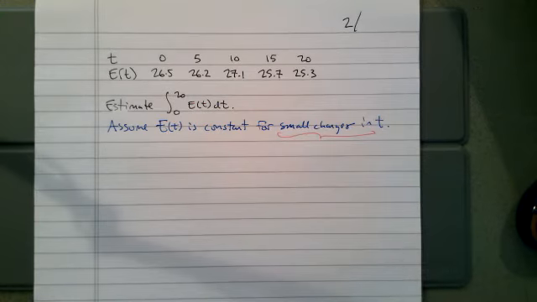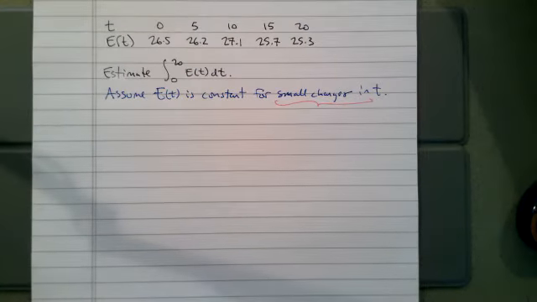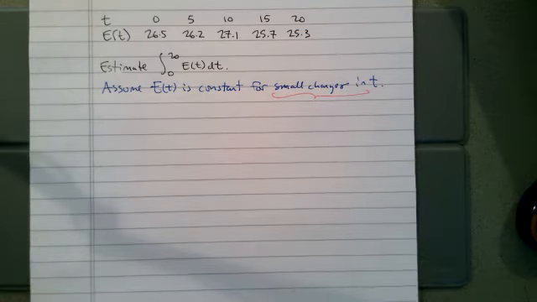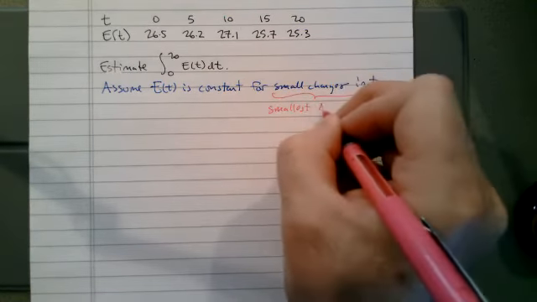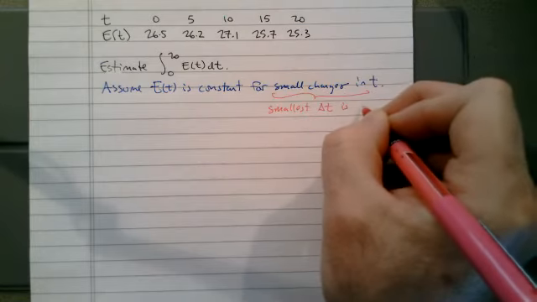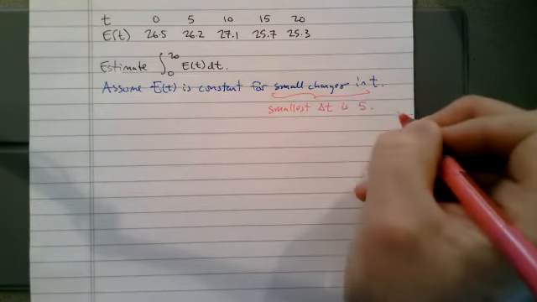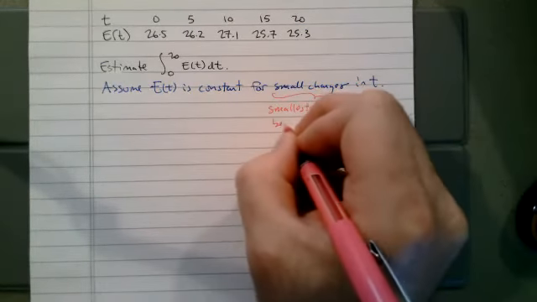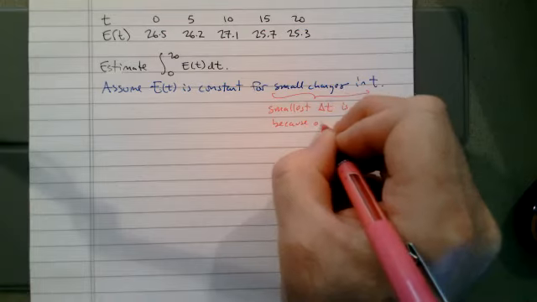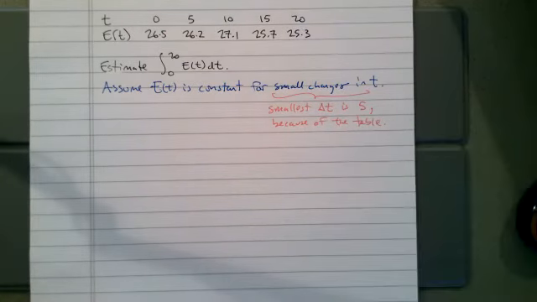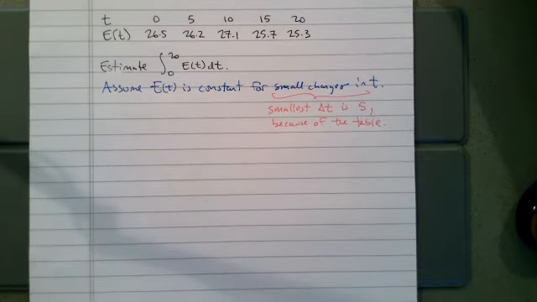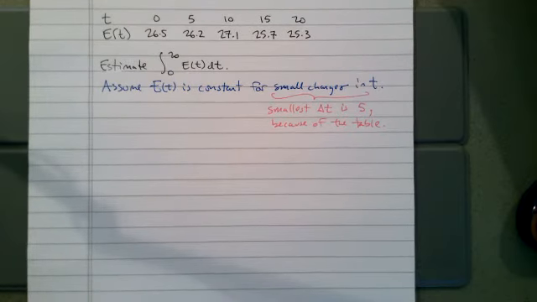Because the information is listed in a table, the smallest change in t we have is 5. I do not have a value for e of 1. I only have data every 5 years, so the smallest delta t that I can use is 5.